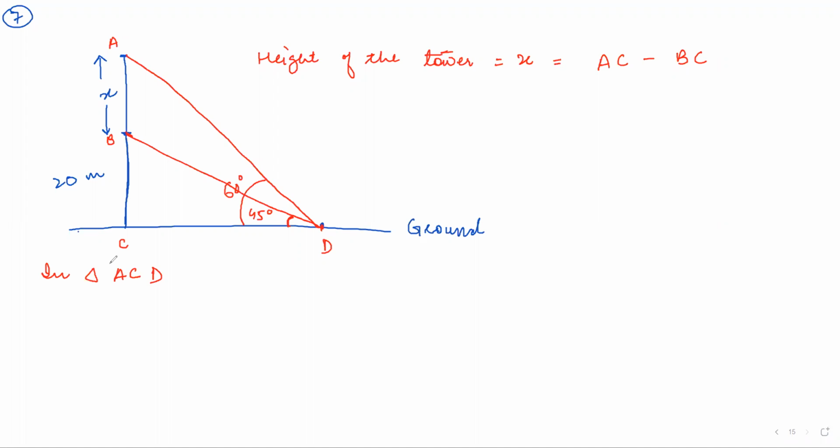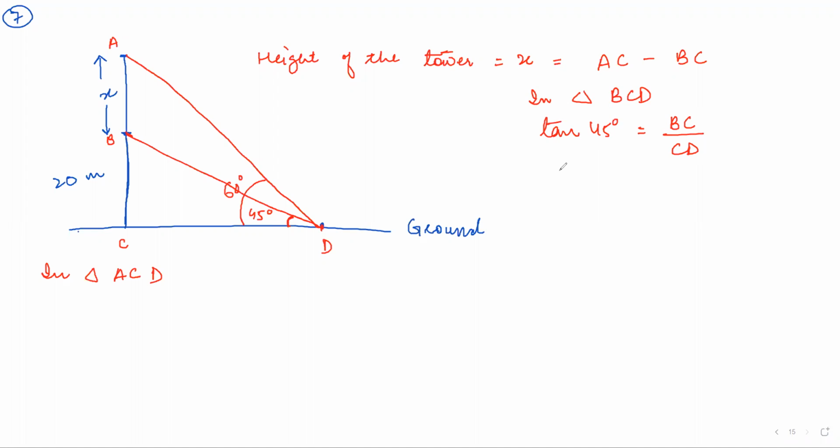Clear? Then I'll come to ACD. Is that okay? Yes, ma'am. Okay. So first you take triangle BCD. If I take tan 45, tan 45 is equal to perpendicular upon base. That means BC divided by CD, right?